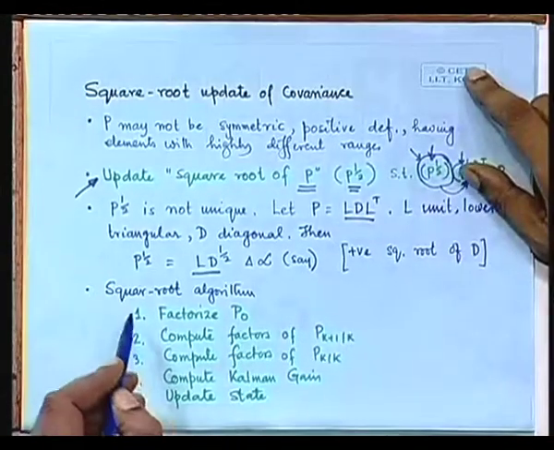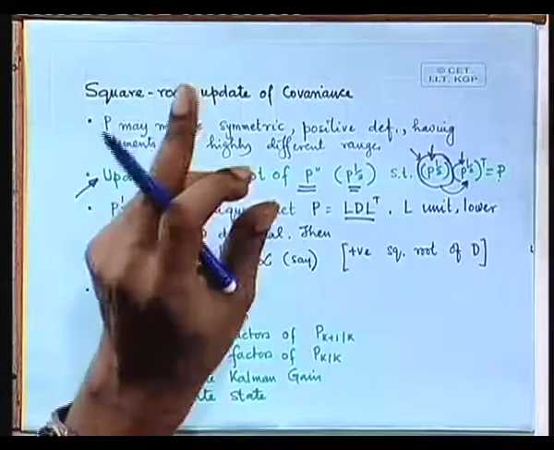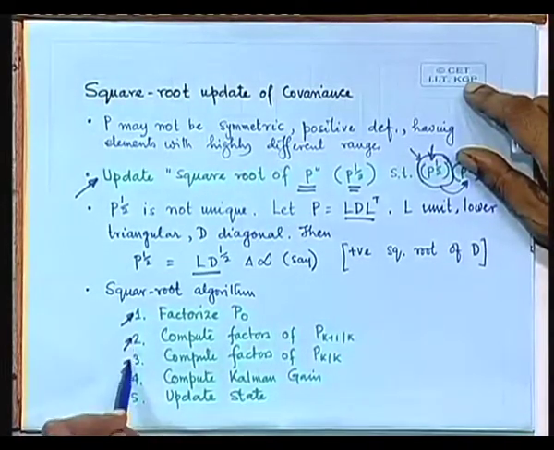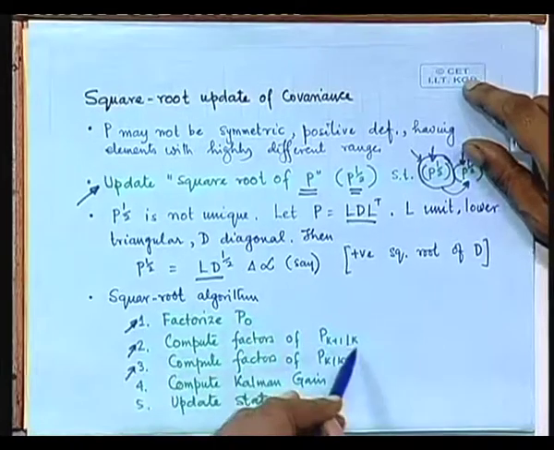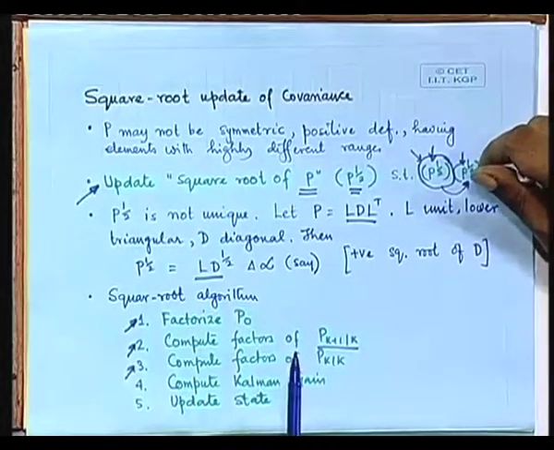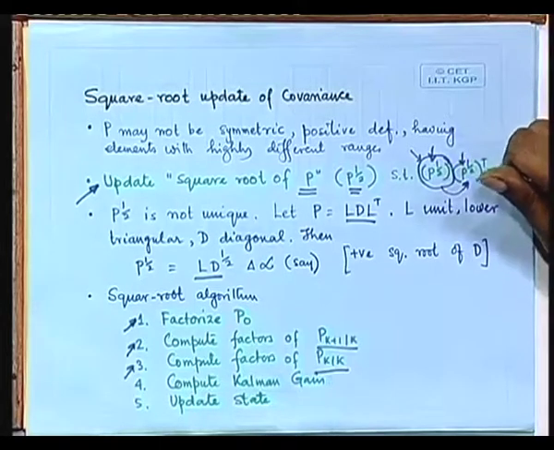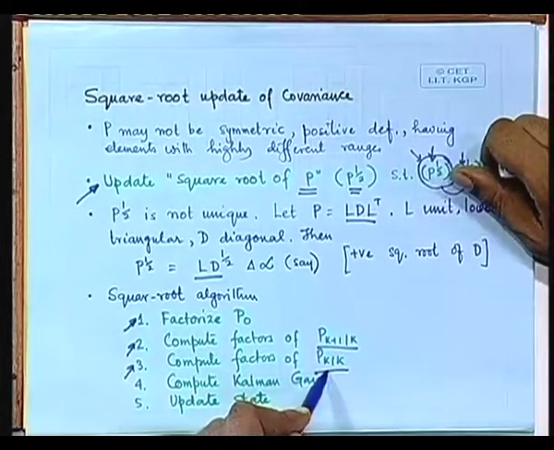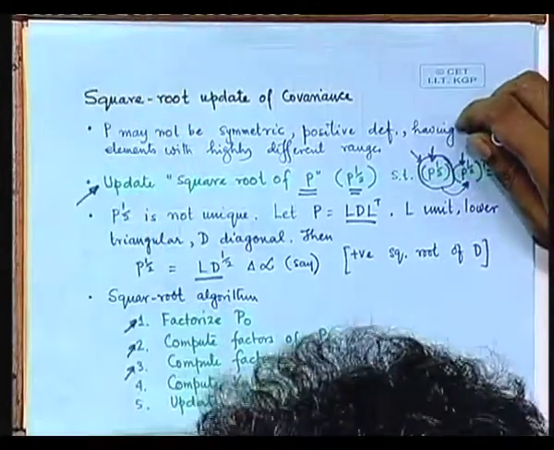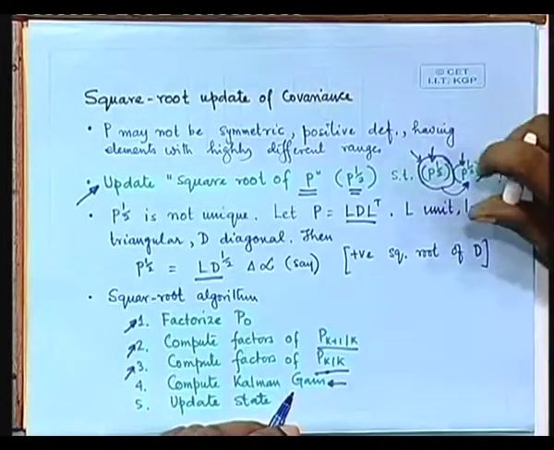So the whole approach is that you first factorize P0, into P0 to the power half and P0 to the power half transpose, and then go on with update laws which do not update P. You have to compute Pk plus 1 given k, but rather than doing that, update its square root. Similarly update the square root of Pk given k, and then once you have this square root, you construct Pk given k and then you construct the Kalman gain, because the Kalman gain requires Pk given k.